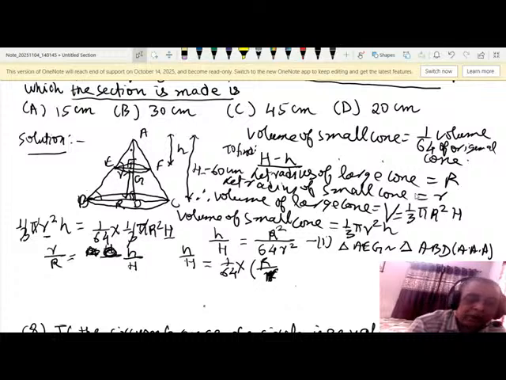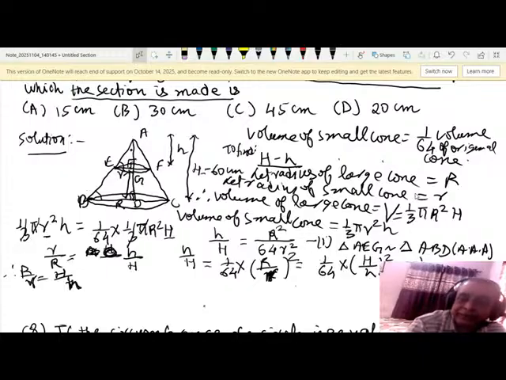What will be capital R by small r? It will be capital H by small h. Invert both sides, and whole squared. So it is 1 upon 64 times capital H by small h whole squared, that is capital H squared divided by 64 small h squared.